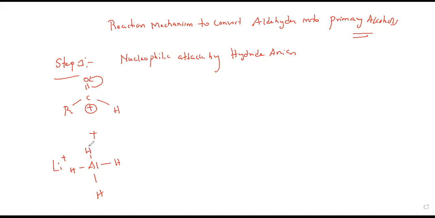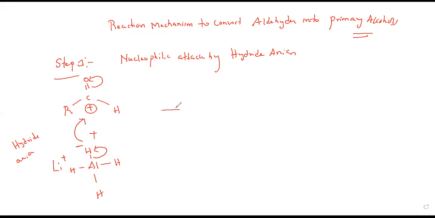Aluminum has a little bit less electronegativity, so when I break the bond between aluminum and hydrogen atom, the electrons will migrate towards hydrogen. Therefore, this hydrogen will get a negative charge. This negatively charged hydrogen, you can call it a hydride anion. This hydride anion will migrate towards the positively charged carbon.